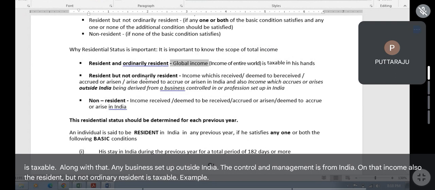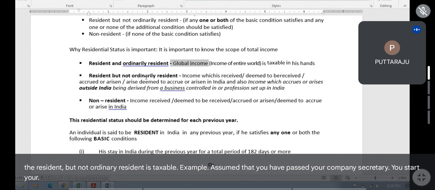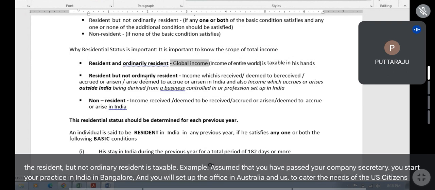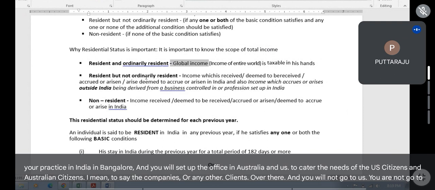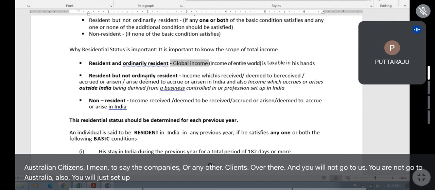Example, assume that you have passed your company secretary exam, you start your practice in India, in Bangalore, and you set up an office in Australia and US to cater to the needs of the clients over there, the companies or any other clients. You will not go to US, you will not go to Australia. You will just set up one office.